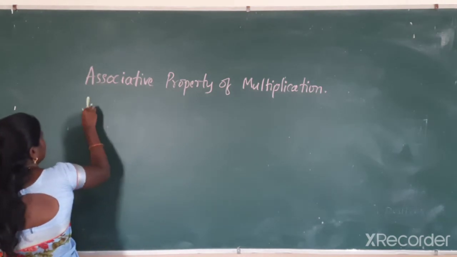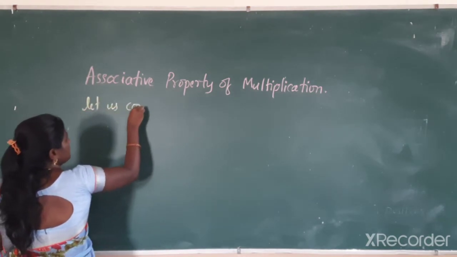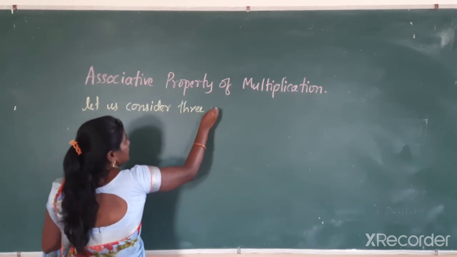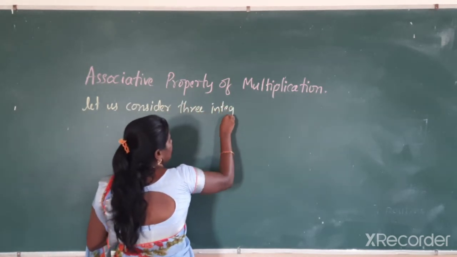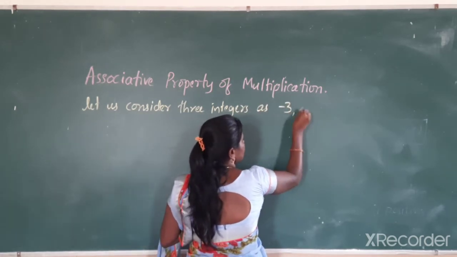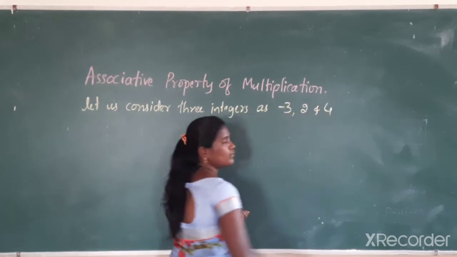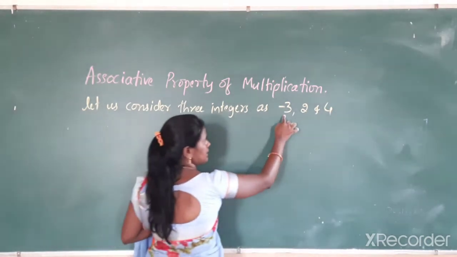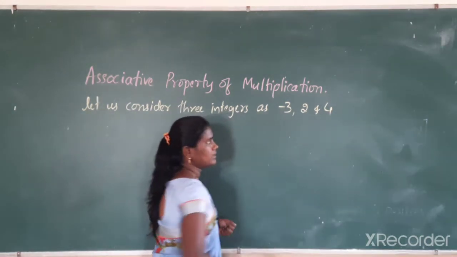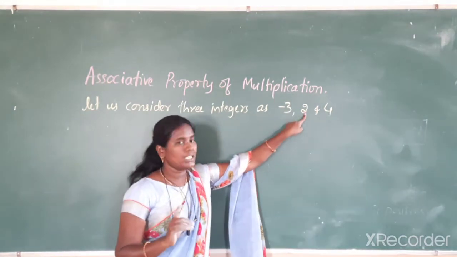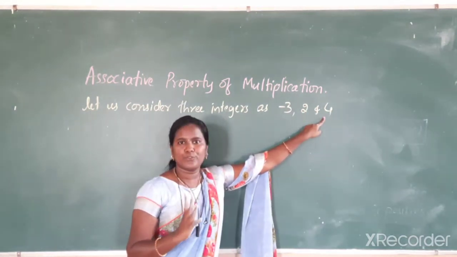Let us consider three integers: A as -3, B as 2 and C as 4.